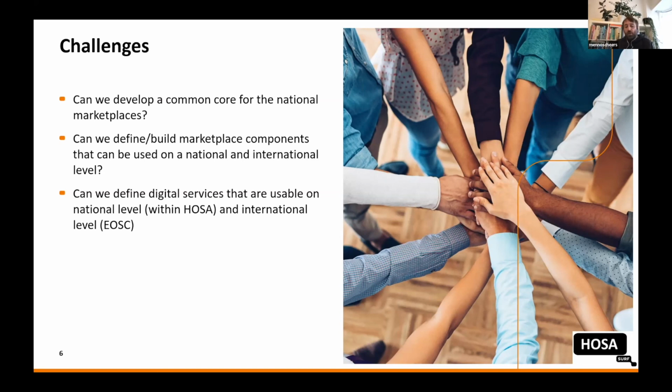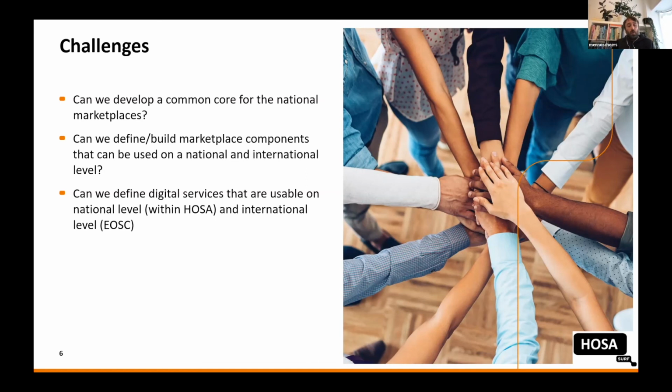Or can we define digital services that are usable on a national level within the boundaries of HOSA and on the international level of EOSC by default? Using the EOSC guidelines on a national level might make this possible for us in the near future.